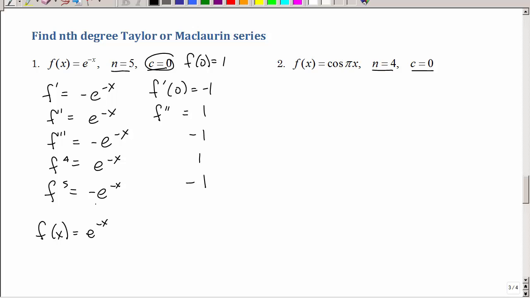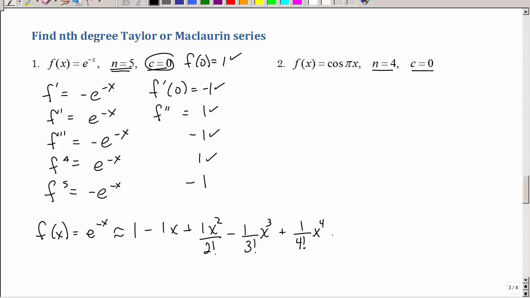And so my function, e to the negative x, if I want a 5th degree polynomial, I just need to say this is going to approximately equal 1 minus 1 times x plus 1 times x squared over 2 factorial minus 1 times x cubed over 3 factorial plus x to the 4th over 4 factorial minus x to the 5th over 5 factorial.